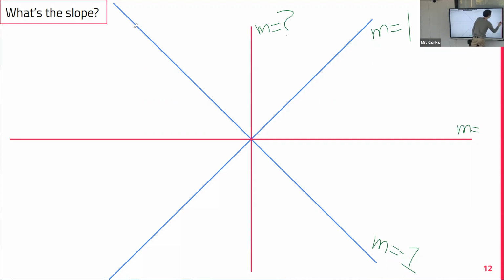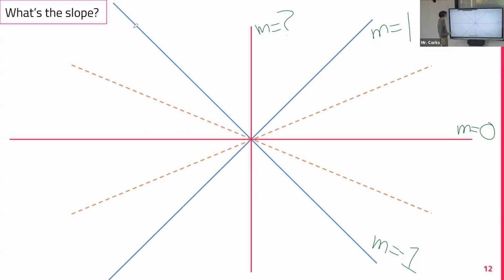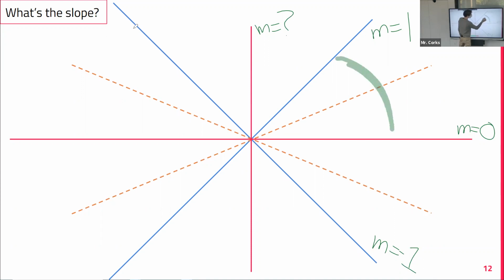slope of 0 here. So those kind of ranges, we can say, well, these orange ones are going to be somewhere between 1 and 0 here, and then 0 and -1 down here.